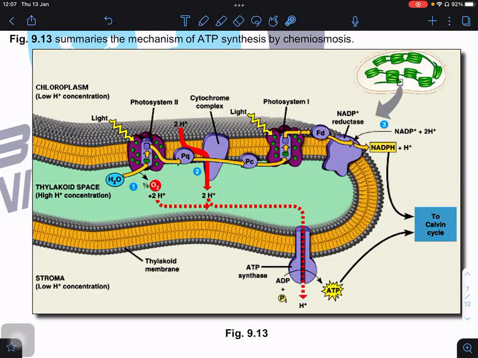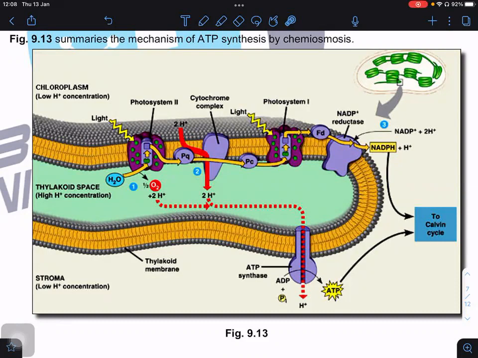Yesterday, in the previous lesson, I told you that the electron won't literally jump up and down; the Z scheme of electron flow indicates the energy level of the electrons. When photosystem 1 receives the light energy, the photons strike the pigments.